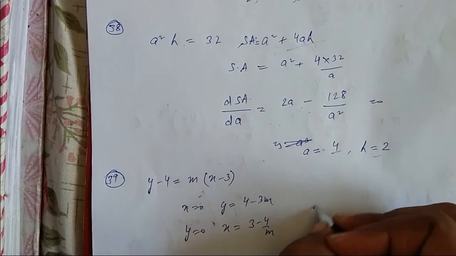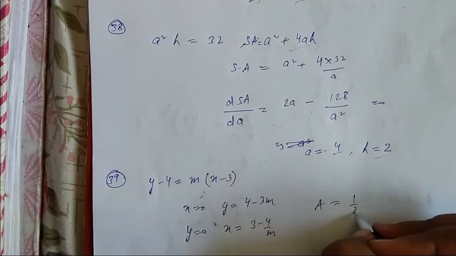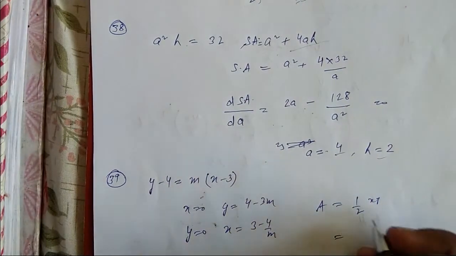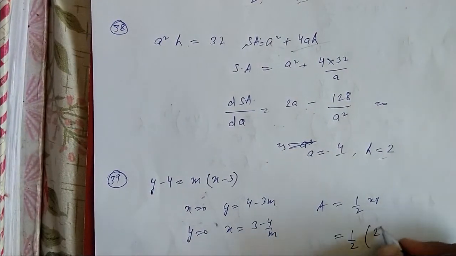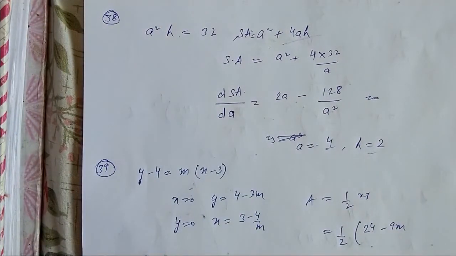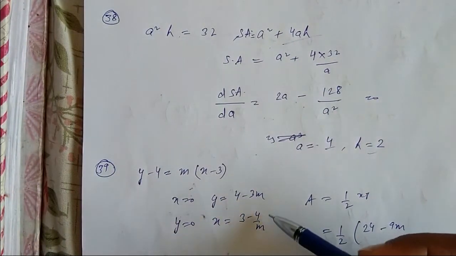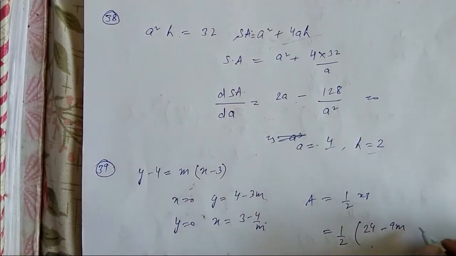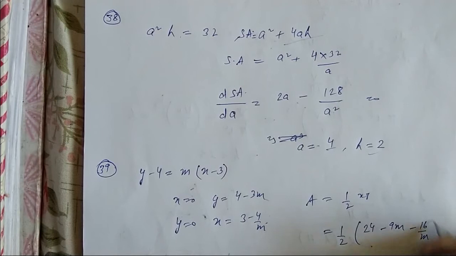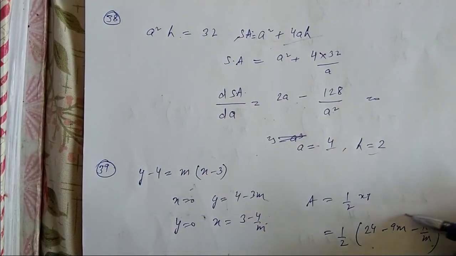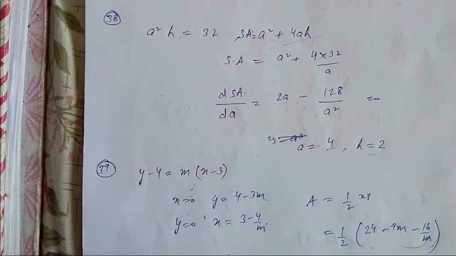Area would be equal to half of xy, which is half of 24 minus 9m, sorry, 4 threes are 12 and 12 twos are 24, minus 16 by m. So we can apply AM-GM on these two terms to calculate the minimum value.